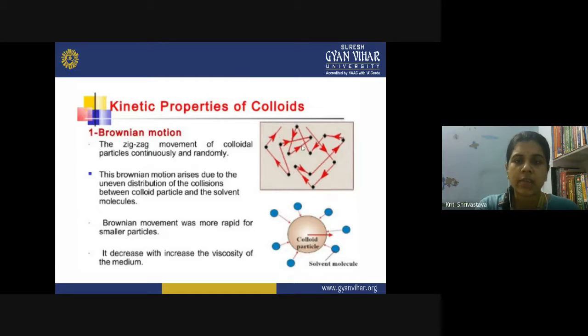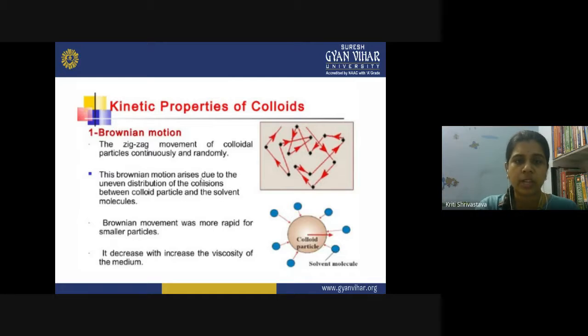This is not a linear path, but they follow a zigzag path for the movement. This type of motion occurs continuously and randomly. There is no predefined path for the motion of the colloidal particle. So they randomly move inside the dispersion medium, and they continuously move along this zigzag-like path. So this is called the Brownian motion.